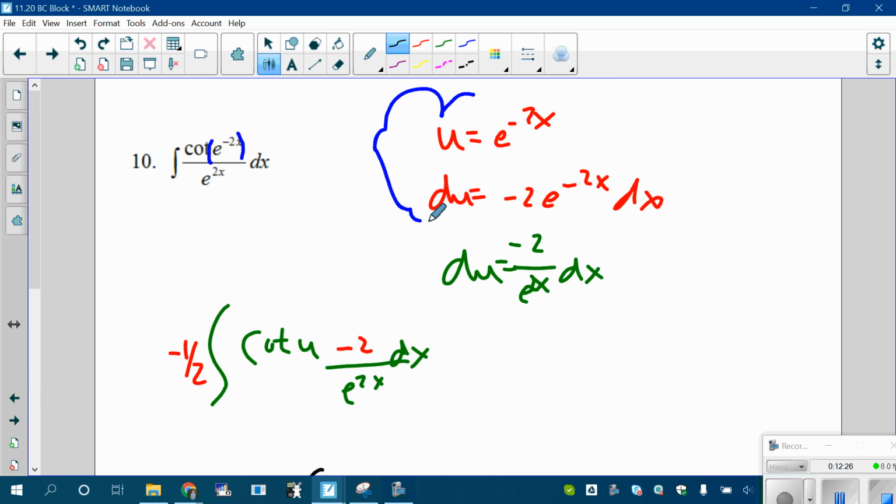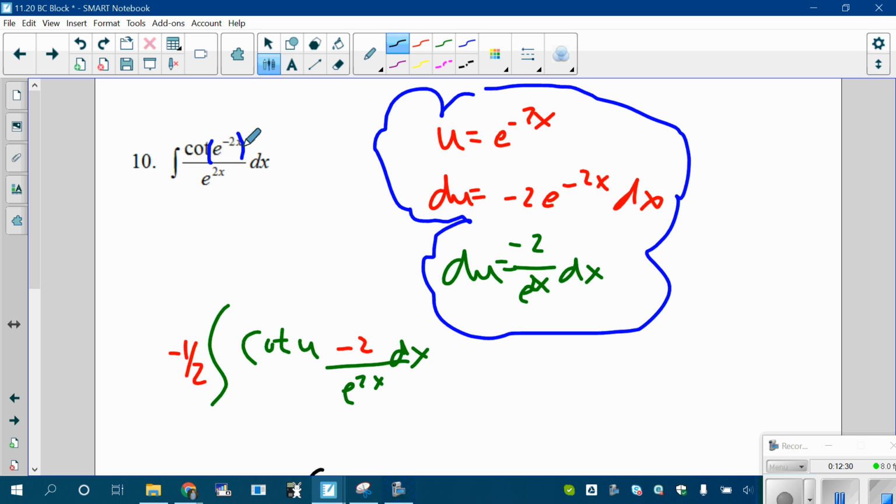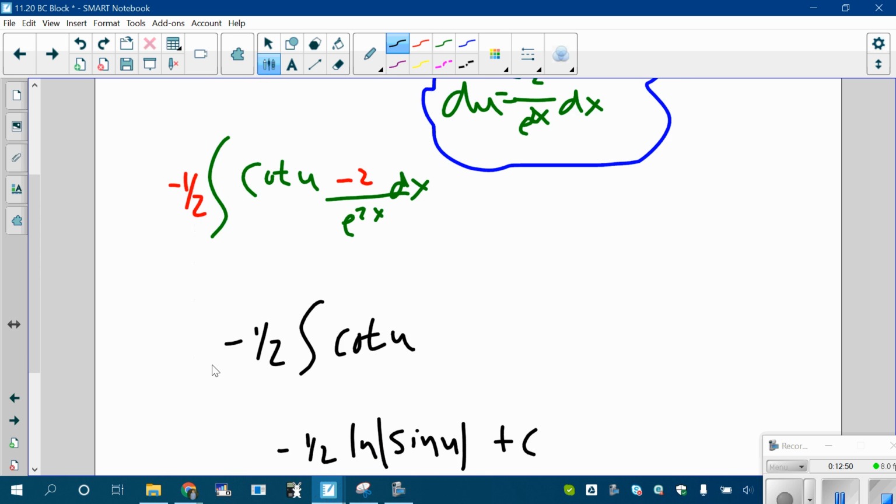Drop it up here. Here's my cloud. Called that inside part u. Its derivative, like I was saying, has the same thing in it. So when you're seeing that, it's going to end up working out with the du. Here's my u. Here's my du. Here's me just cleaning up my du. I wanted to get the du in there, so I had to insert a negative 2, balance it with a negative 1/2.